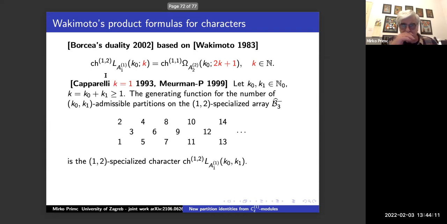So if we specialize our basis in this way, 1,2, then we get the identity.